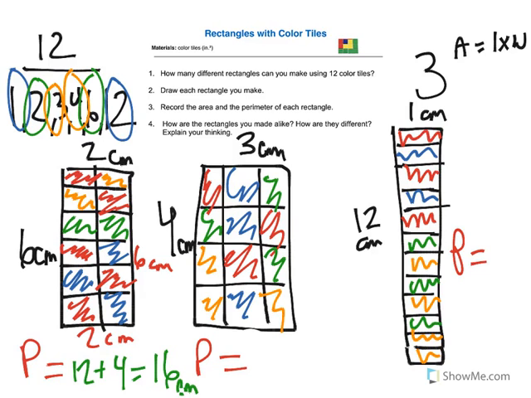Now we have the perimeter for the 4 by 3, so we have 4 plus 4, and that equals 8, and then 3 plus 3 equals 6, and if we add those two together, we get 14 centimeters. Okay, and then lastly the 12 and the 1.